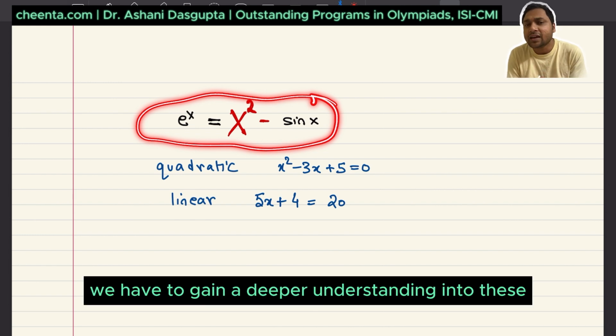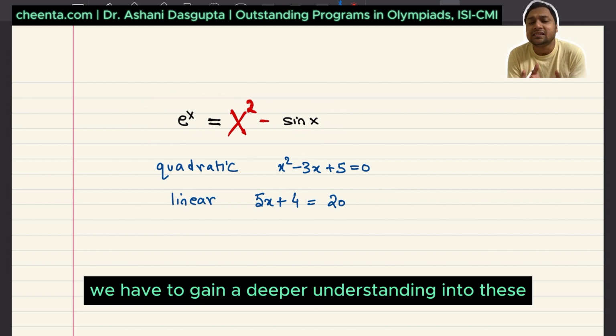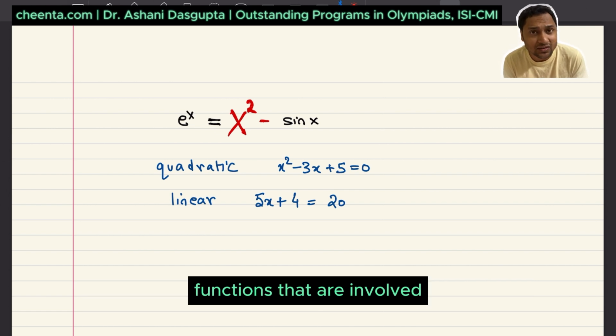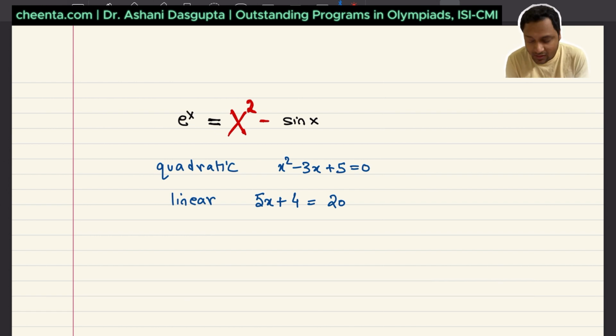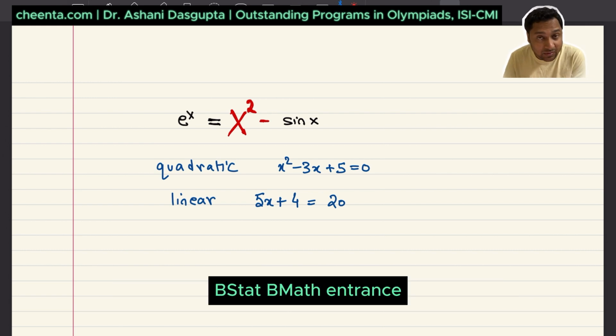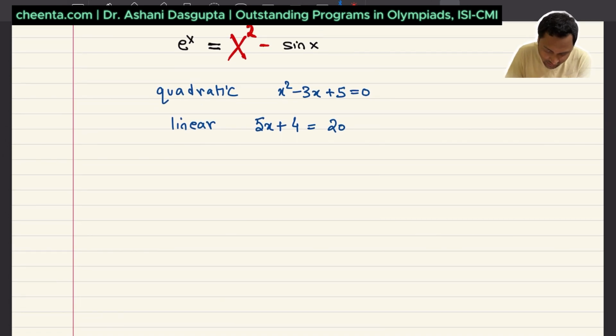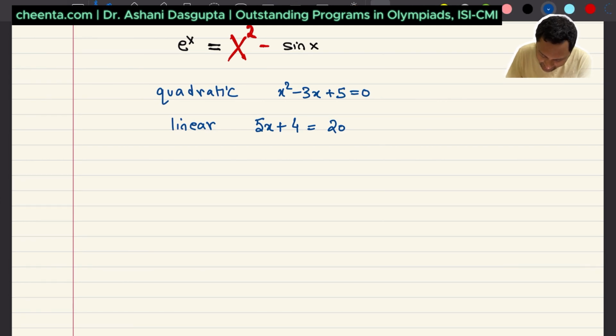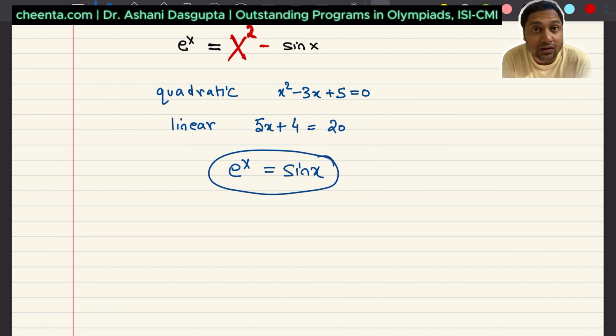To do this, we have to gain a deeper understanding into these functions, the functions that are involved. One problem like this actually came up in ISI and BStat BMath entrance. It looked like this: e to the power x equal to sine x. How many solutions are there of this equation?